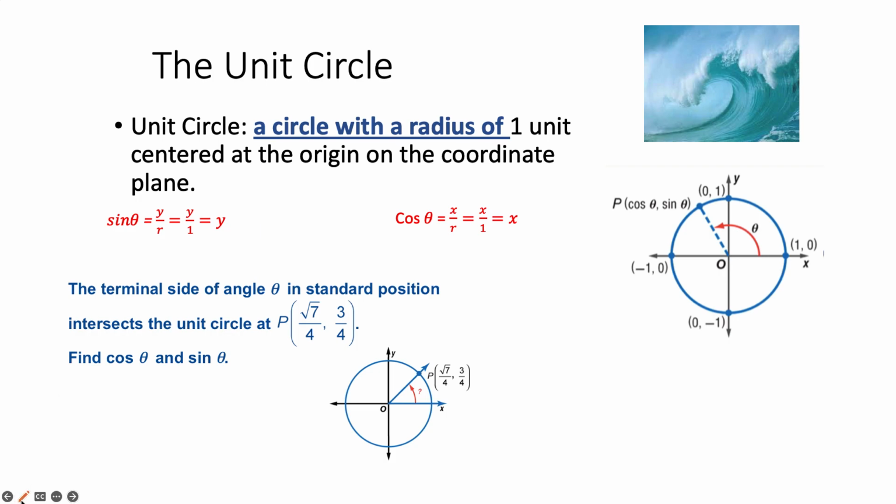So the key to the unit circle, the whole important piece, is that it's a unit circle and it has a radius of 1. So we are going to be able to guarantee that our radius, or hypotenuse, is always 1. That's going to be great for us because if you remember back to what we did earlier, we knew that the sine was equal to the x over r and the cosine was equal to y over r.